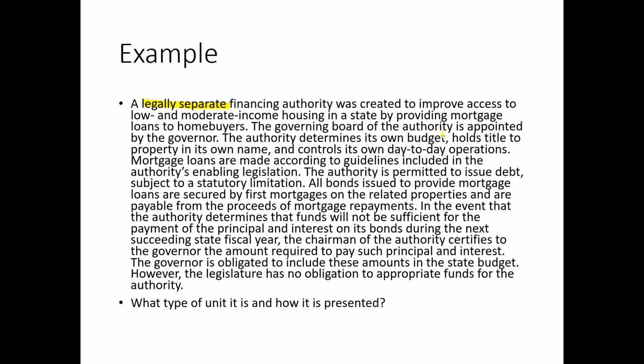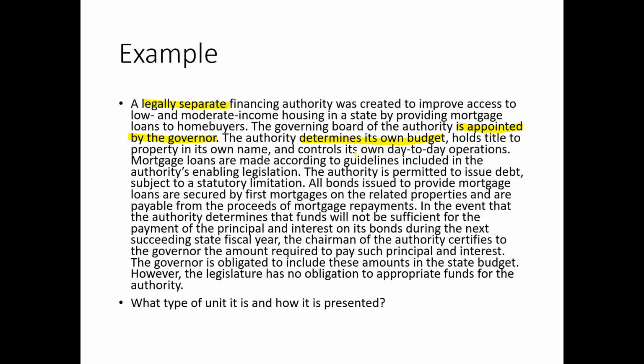Okay, the governing body of the authority is appointed by the governor. And the authority determines its own budget, holds title to property in its own name, and controls its own day-to-day operations.